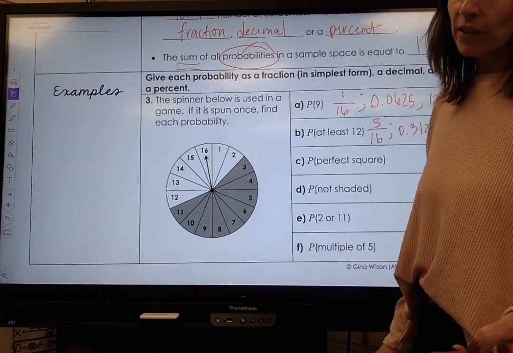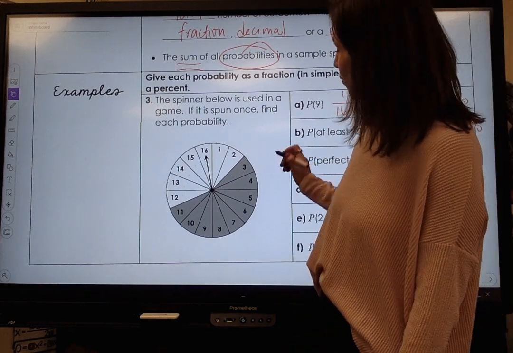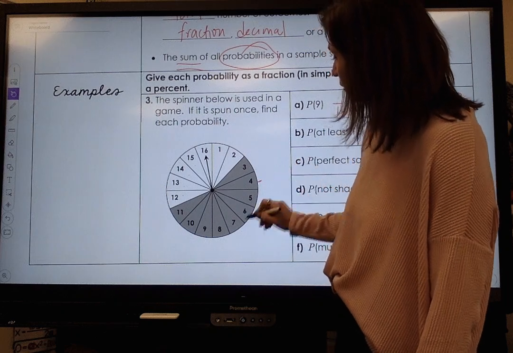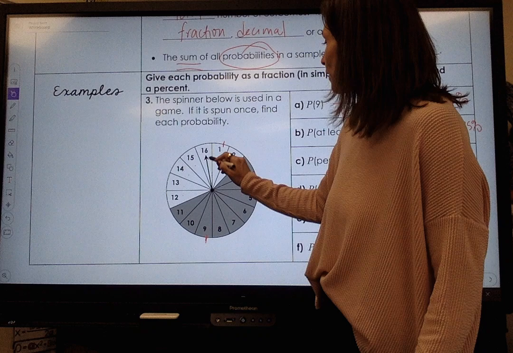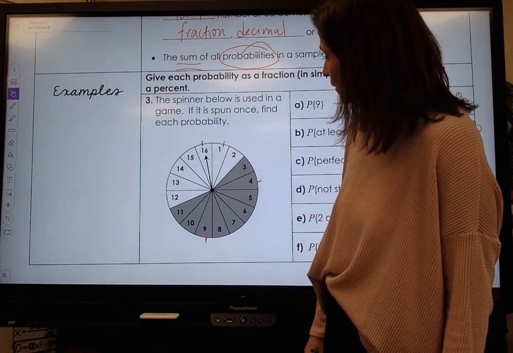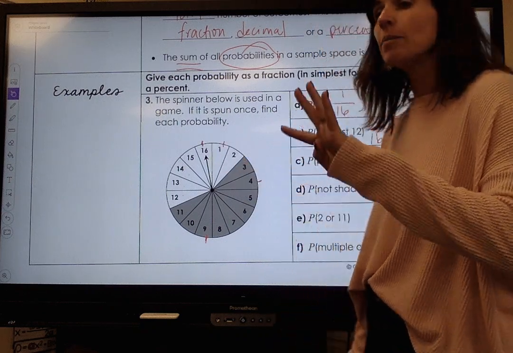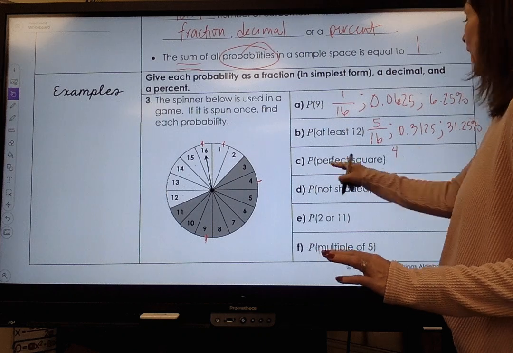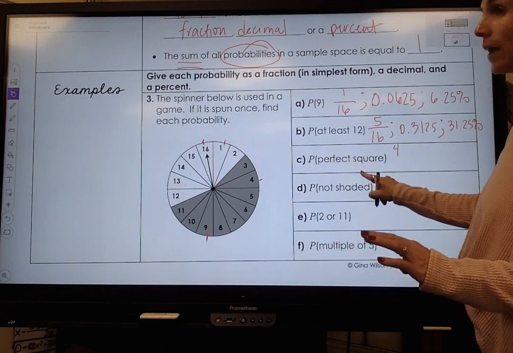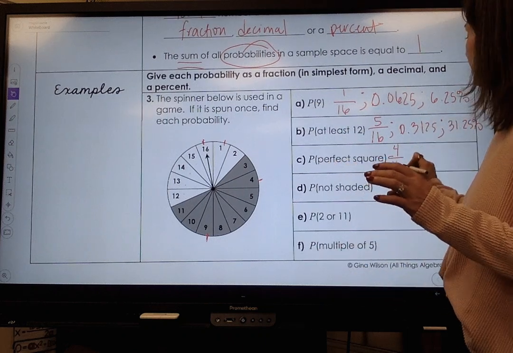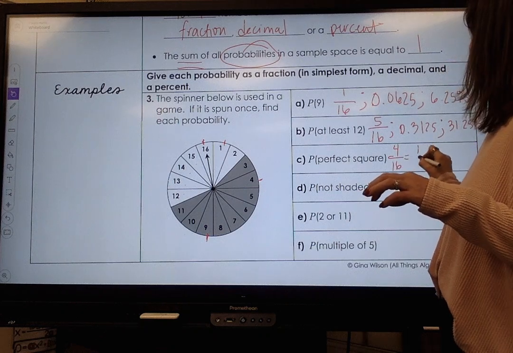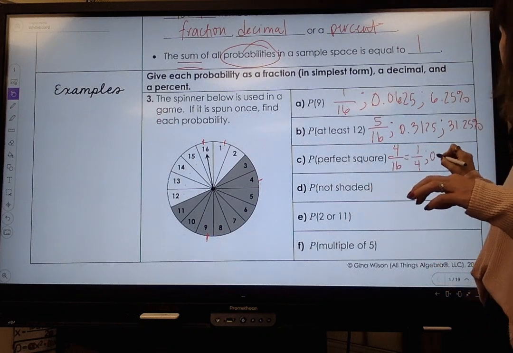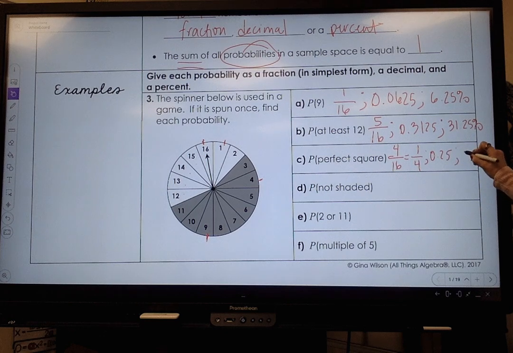Okay, so now let's look at a perfect square. Well, what are the perfect squares? 4 is a perfect square, 9 is a perfect square, 1 is a perfect square, 16 is a perfect square. So you have 4 possible outcomes of the favorable event out of 16. I still want to simplify my fraction. So I'm going to simplify this to 1/4, and 1/4 is 0.25 or 25%.